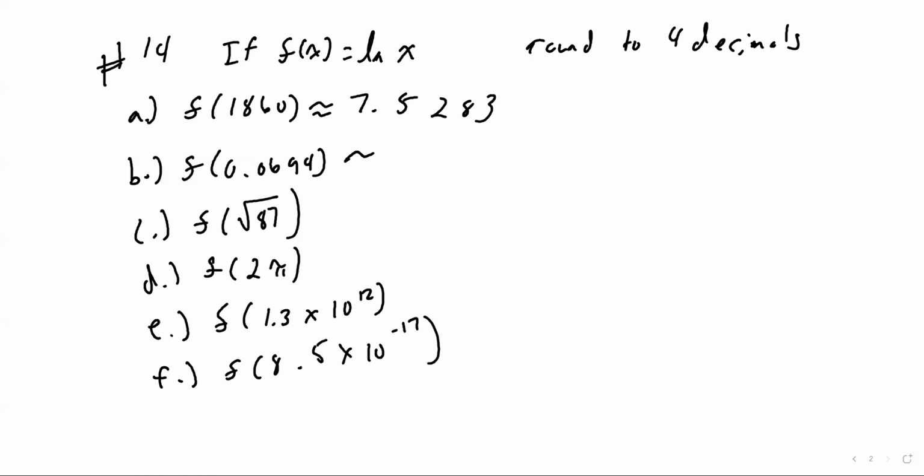All right, do we have an answer for B yet? Perfect. Do we understand how to put the square root of 87 in there? So let's see. So it'd be natural log, then second x squared, so the square root will appear. 87, close parentheses, hit enter, and I got 2.23.